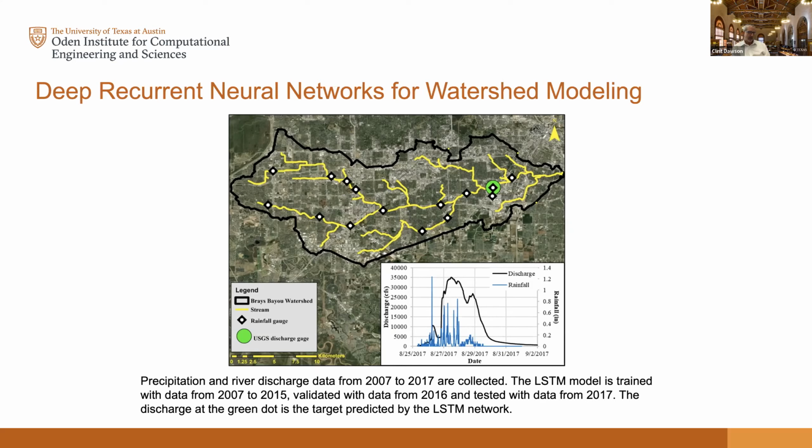Then we trained the model on data from 2007 to 2015. We used the 2016 data to validate the model. And then we compared it to data from 2017, which is when Hurricane Harvey hit. Again, the discharge at this green dot is what we're trying to predict using the LSTM network.